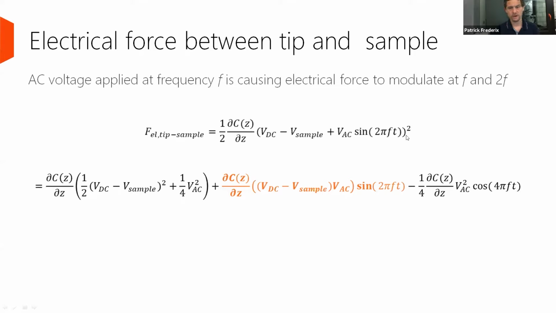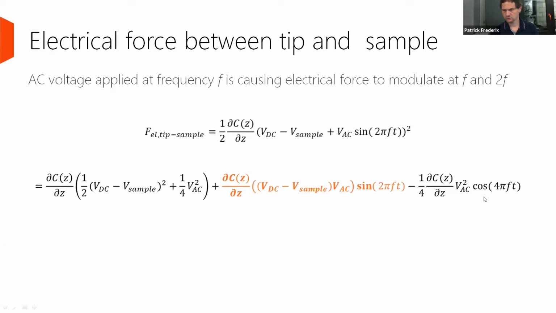You see that if you write that out, you get three different terms: a constant term on the left, a term in the middle in orange, that's the main term we are working with today, an oscillation with frequency F that depends on the voltage difference between the tip and the sample.